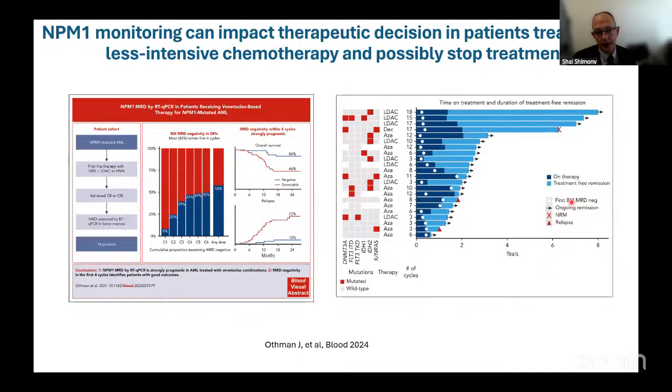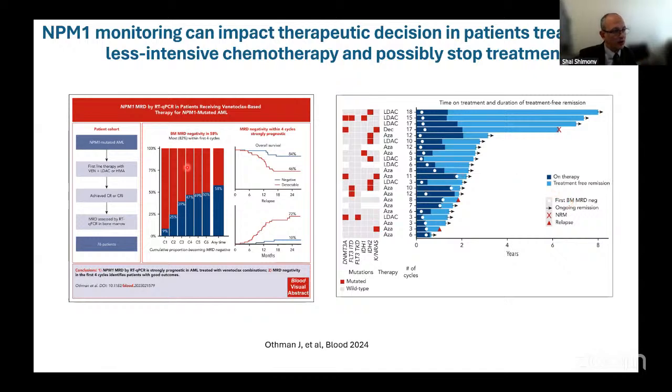And what about patients who are treated with hypomethylating agents and venetoclax, or azacitidine and venetoclax, or decitabine plus venetoclax, or as a group, what we call the lesser intensive chemotherapies? The same person, Jed, showed that MRD measured by NPM1 can also help us make decisions about patients who are treated with lesser intensive therapies.